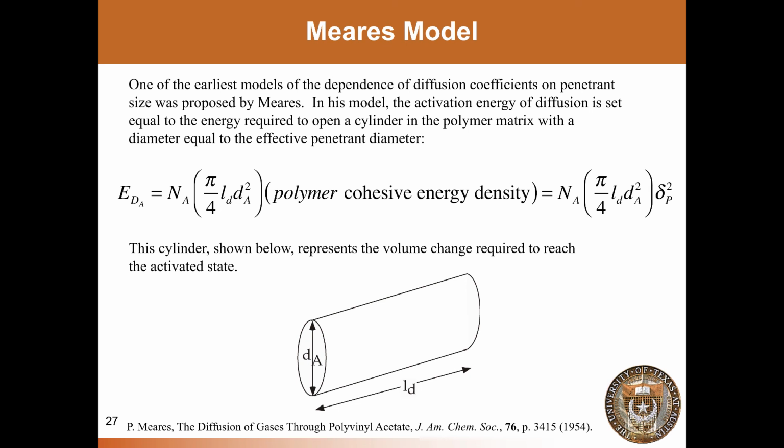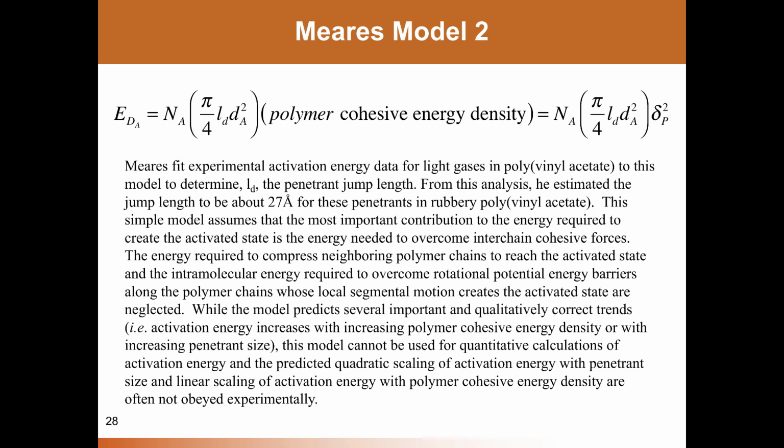of the use of Mears's model. There's a bit more writing here that I'm not going to go over in depth, but I'll leave that for you to summarize a bit more of Mears's work.